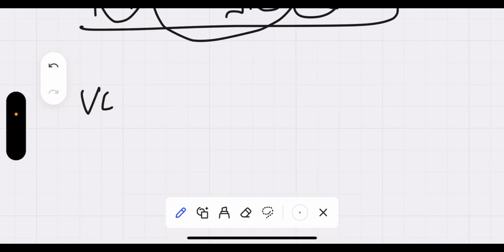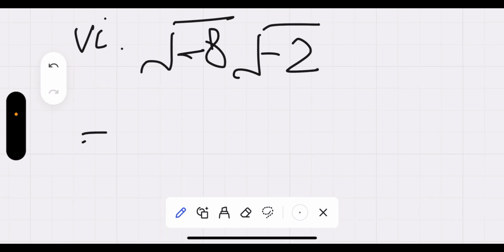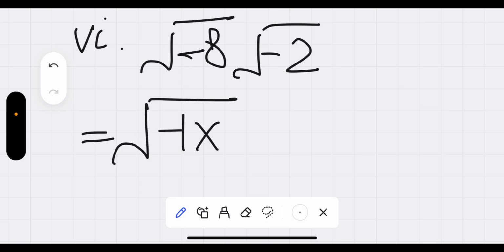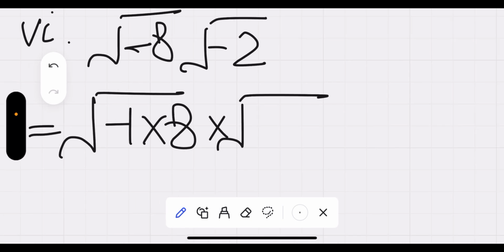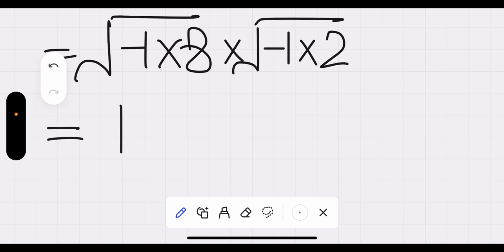We have the last part for question number 1: square root of negative 8 times square root of negative 2. We can write it as square root of negative 1 multiplied by 8, and also multiplied by square root of minus 1 multiplied by 2. We are going to split the square roots.